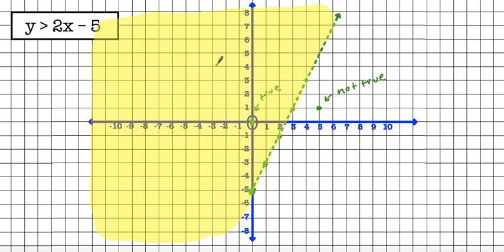So this is how we represent y is greater than 2x minus 5. We drew our line, and it's dashed because it's greater than, and so we shade everything that is greater than this line. Any point in this section is a true statement, so it would be a solution to this inequality.